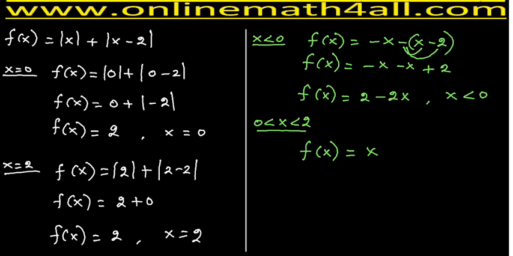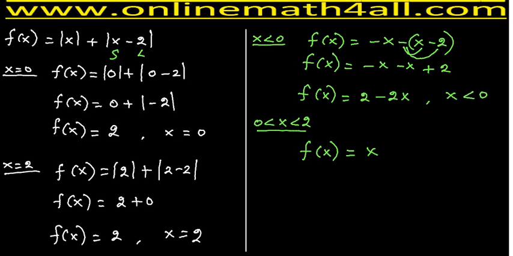Okay, now for the same condition, let us check the sign of the term in the second absolute value. So here the condition is the value of x must be between 0 and 2. If I take any value between 0 and 2 in the second absolute value, x will be less than 2, because the important condition is x has to be greater than 0, and at the same time x has to be less than 2. So when x is less than 2 here, it will be a smaller number, and 2 will be a larger number.